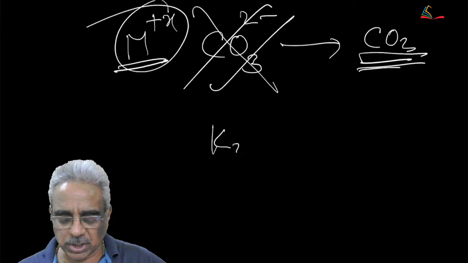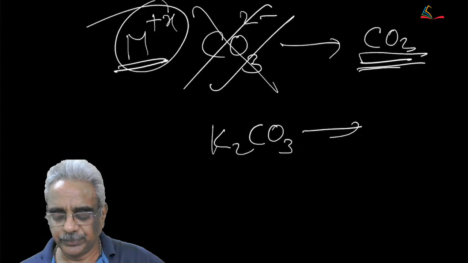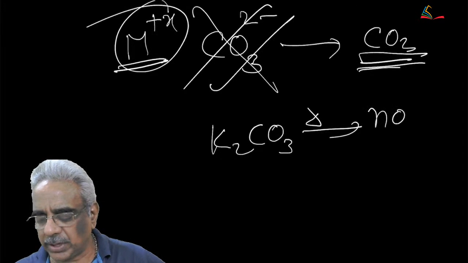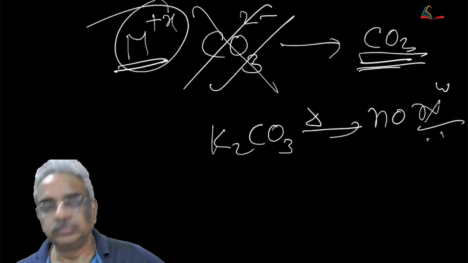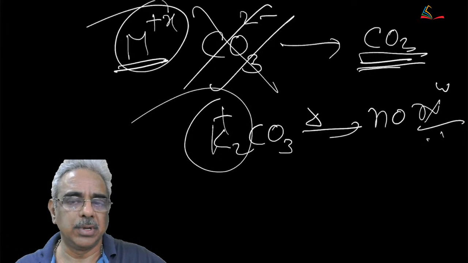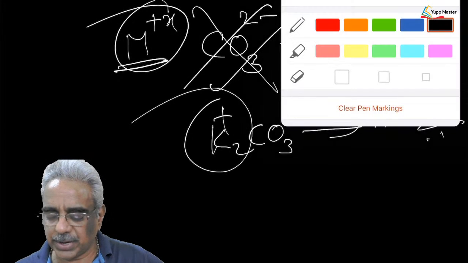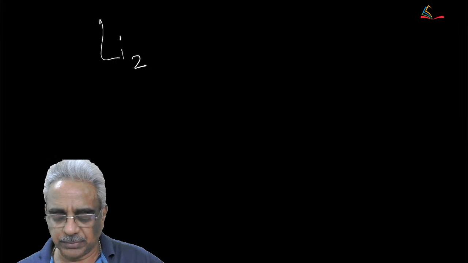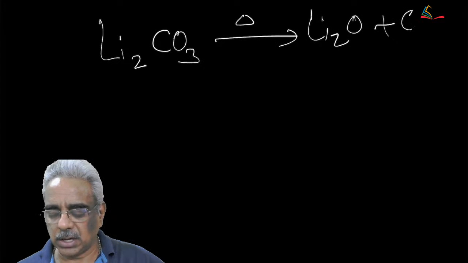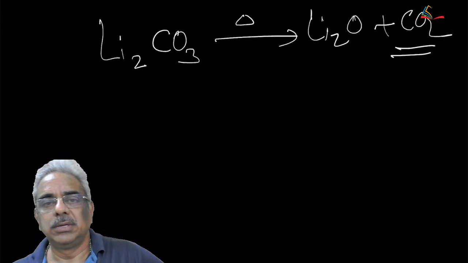You take potassium carbonate and heat. Nothing will happen, no reaction. Because potassium will not polarize carbonate. Whereas you take lithium carbonate and heat, definitely lithium will polarize carbonate and you are going to get lithium oxide and carbon dioxide. That is the beauty.